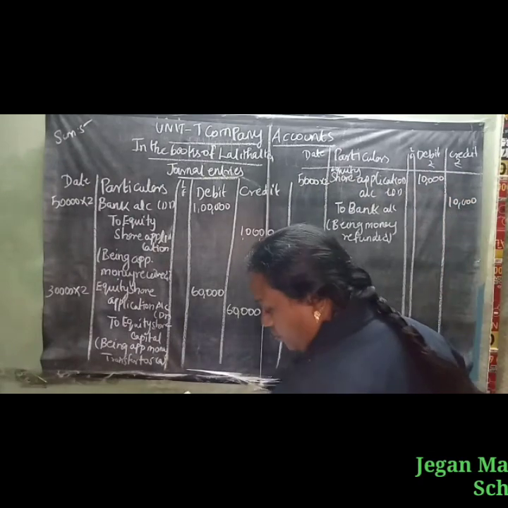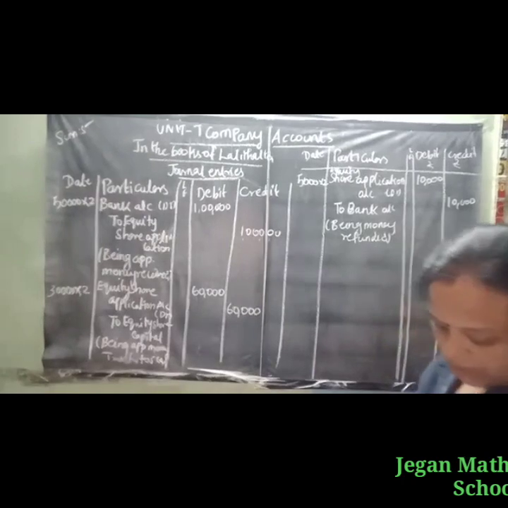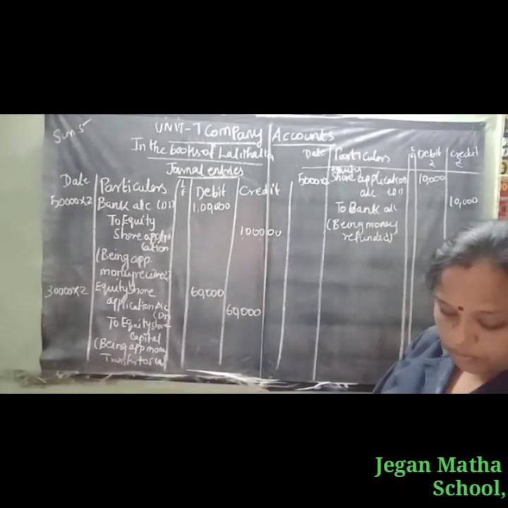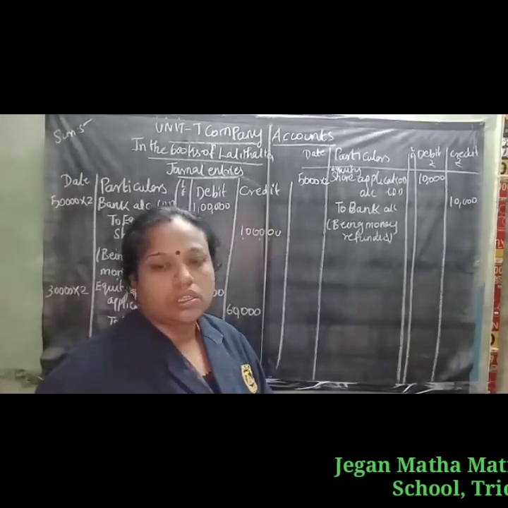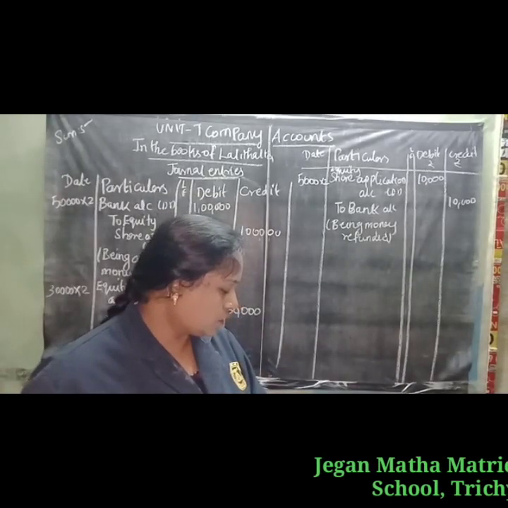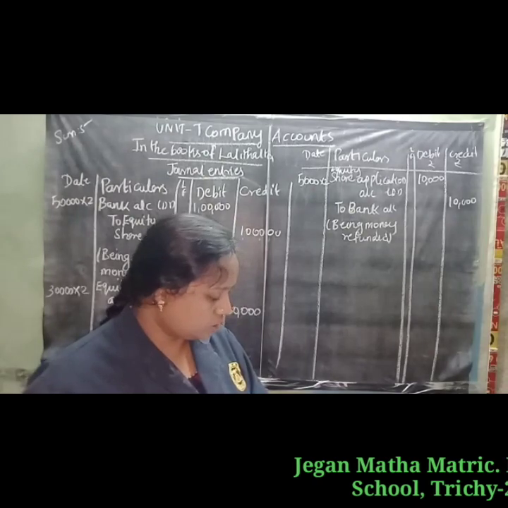The next one, the excess application money will be utilized for allotment. For the remaining applications for 35,000 shares, only 20,000 shares are allotted.